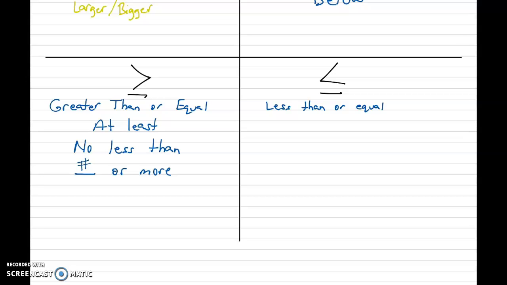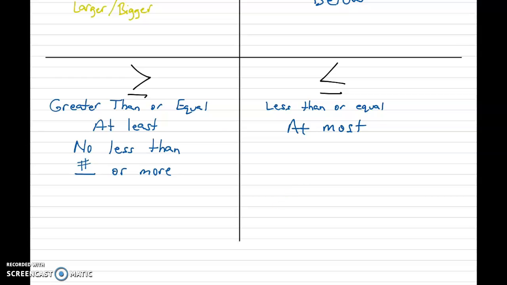Less than or equal. Some things that mean that sign is at most. At most. At most, I weigh 200 pounds. So that means the most I can weigh is 200. But I probably weigh less than that.